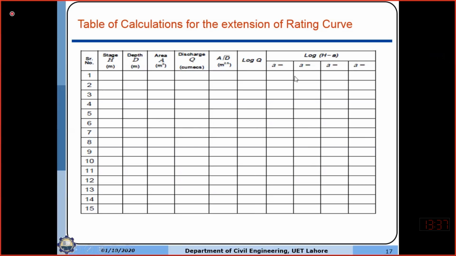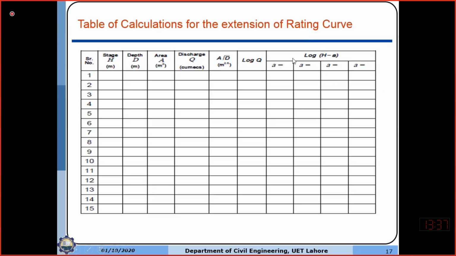This is the first step: find log of Q from the given data of Q. The second step is assuming various values of a between 0.1 to 0.5. This is normally the range that we can have for the assumption of a.